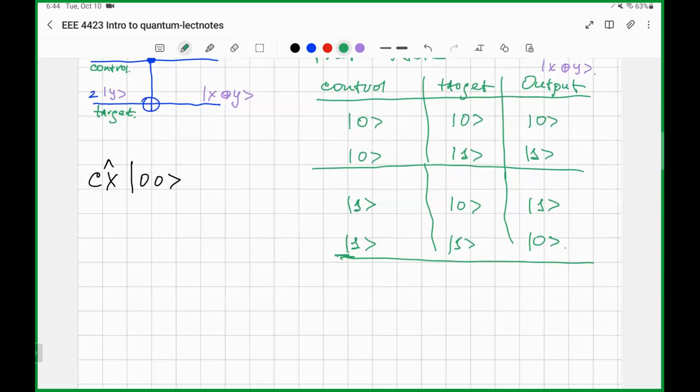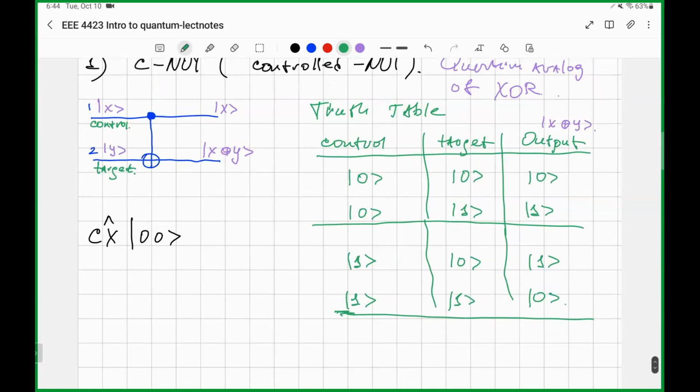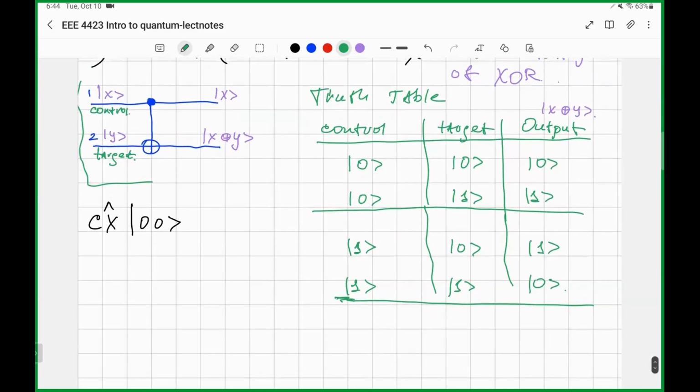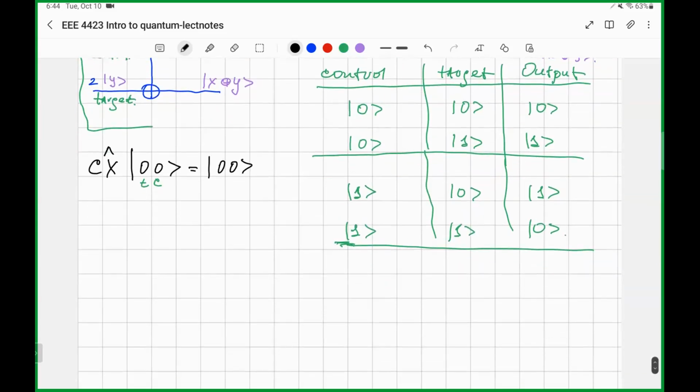So usually, for the picture like this, the first one is control, the second is target, okay? And here the control is 0, so the target doesn't change. So it's gonna be 0, 0 in the output. Likewise, if my state is 1, 0, then it's gonna be 1, 0 in output.